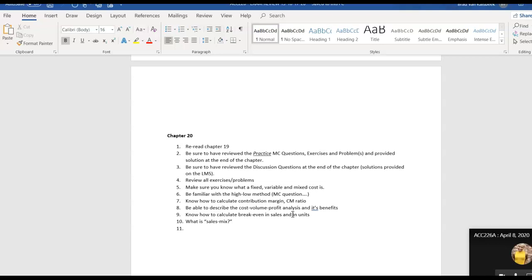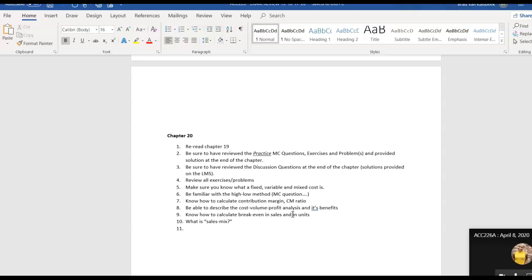So the high-low method, we did one of those in our exercise. I'm going to refer you to our text. Yep, that's exactly right.